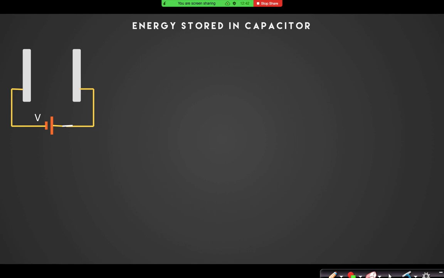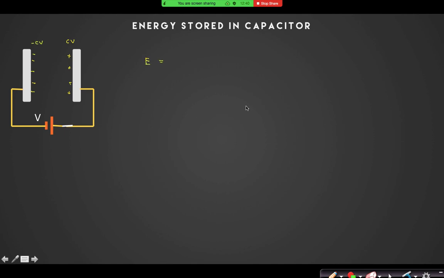In a very similar way, we have connected two parallel plates with a battery, and I have to calculate the energy of the capacitor. If this charge is plus CV, with capacitance C, and this charge is minus CV, what is the electric field in between them?